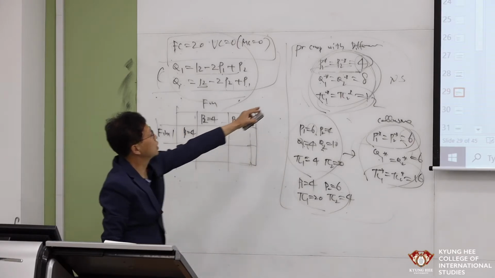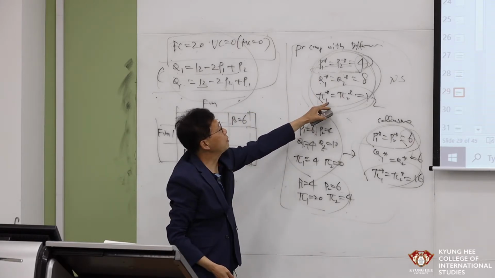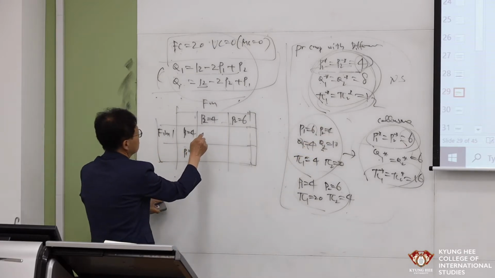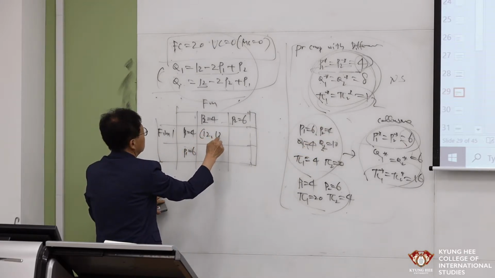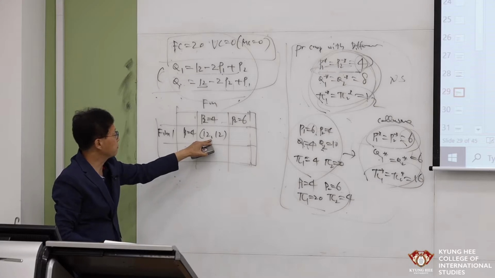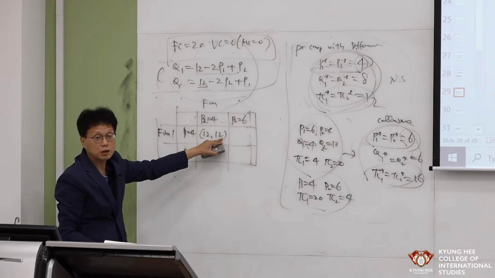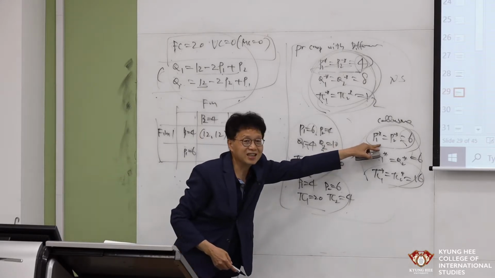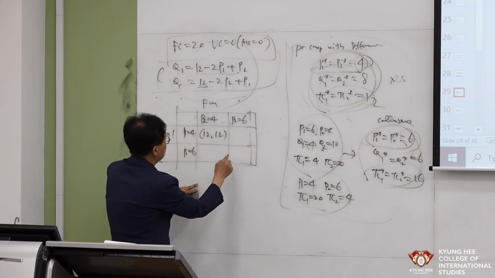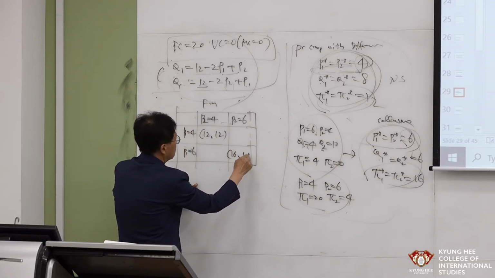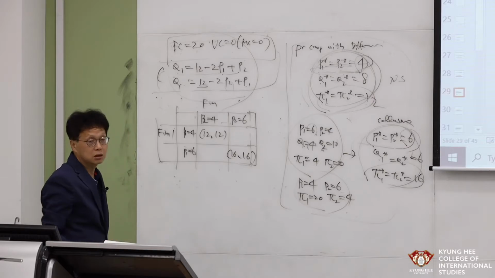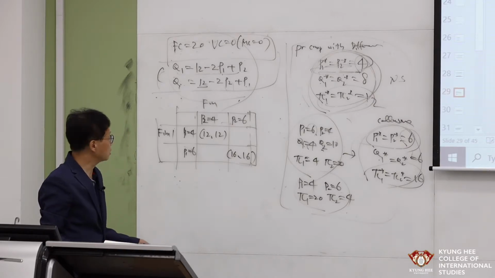Both firms charge $4: the profit of firm 1 and firm 2 is 12, right? Firm 1's profit, firm 2's profit. Two firms charge $6 simultaneously: that is $16, that is profit.